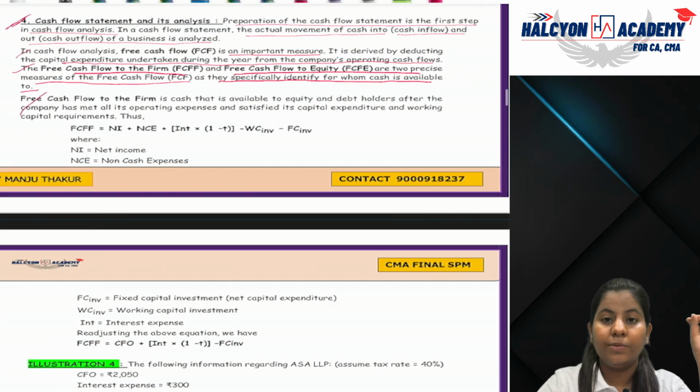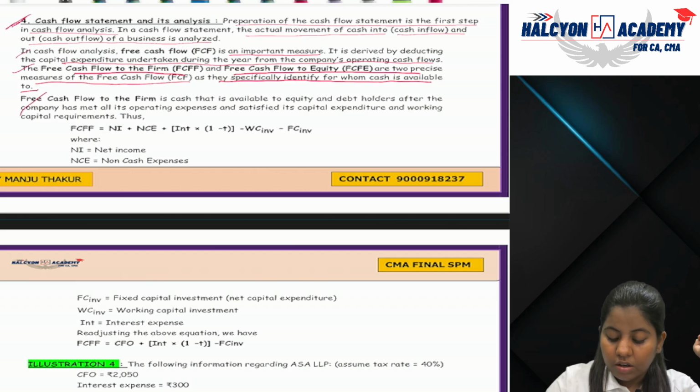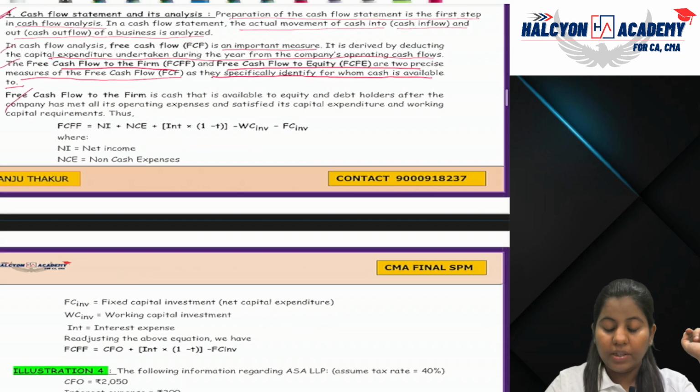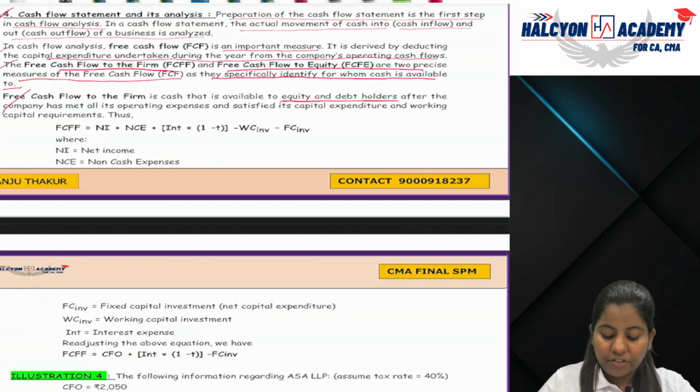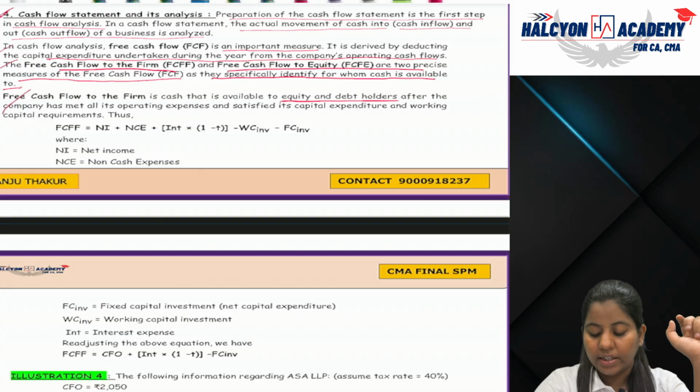Free cash flow to the firm is cash that is available to equity and debt holders after the company has met all its operating expenses and satisfied its capital expenditure and working capital requirements.